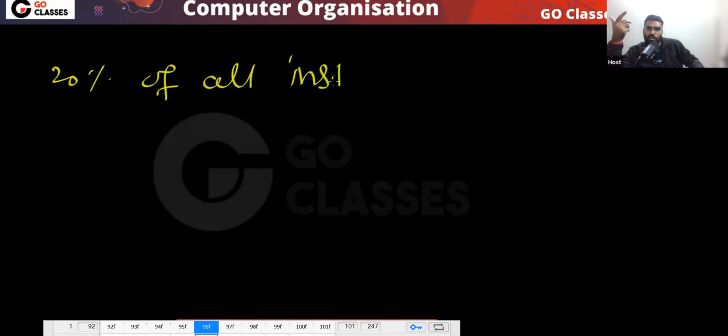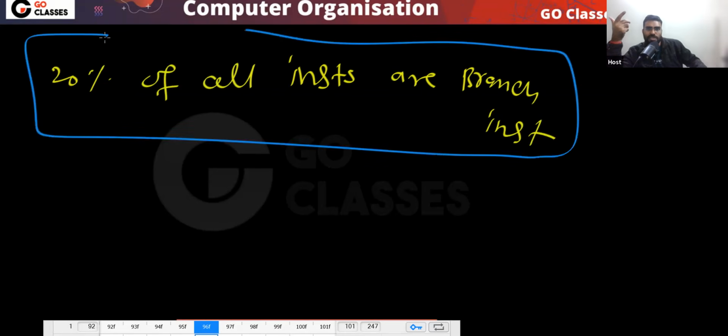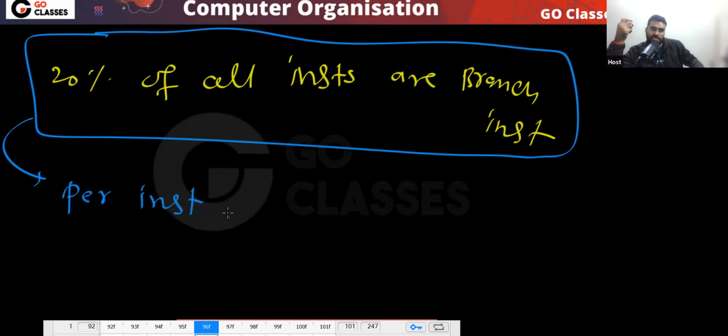The question is saying that 20% of all instructions are branch instructions. So per instruction, how many branch instructions?